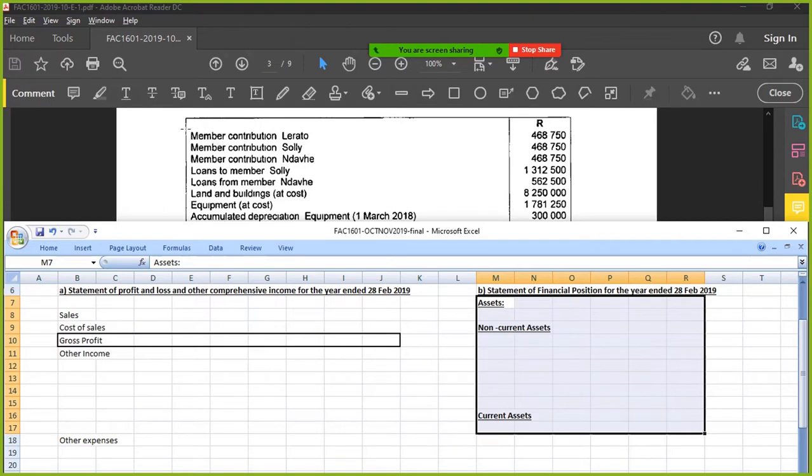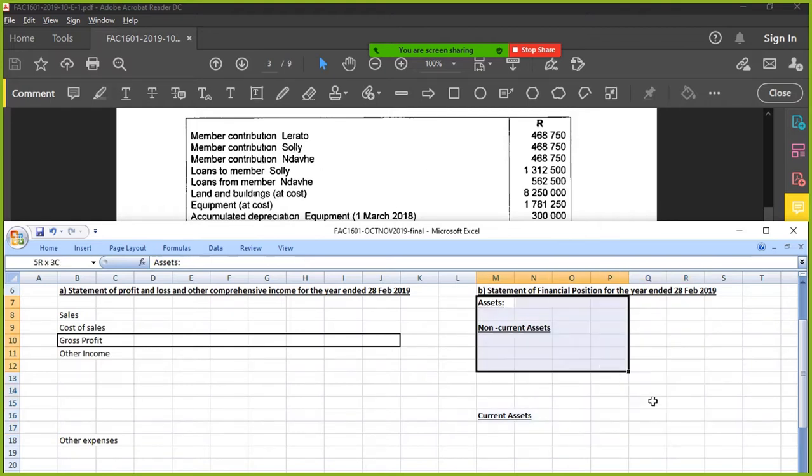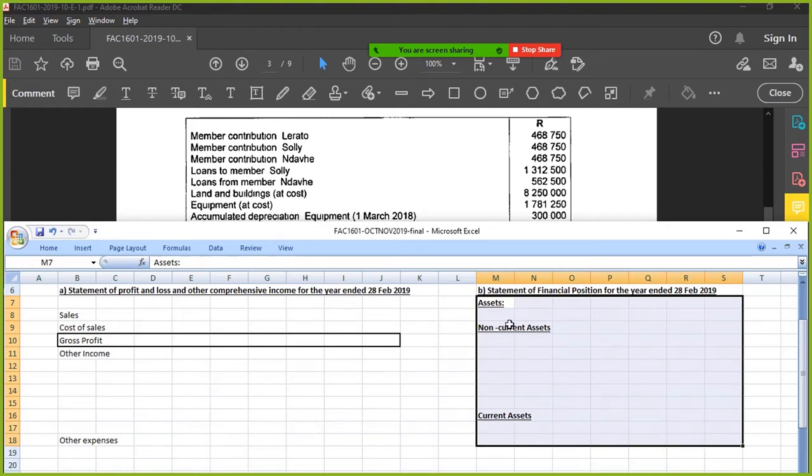Okay, so obviously members' contribution, all capital. Okay, so LSN, all part of the SOCI. Okay, it could be part of this, but it has to be disclosed as part of the equity section. Don't need it. Loans to members. Asset or liability, do you remember? Asset. Very good.